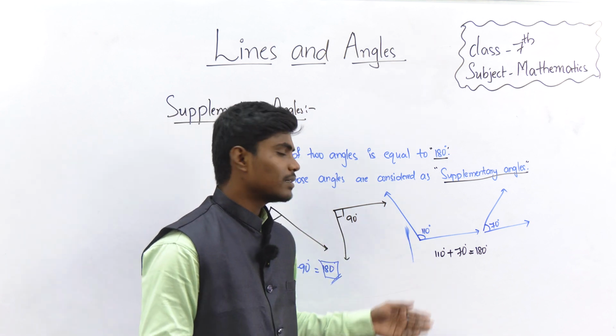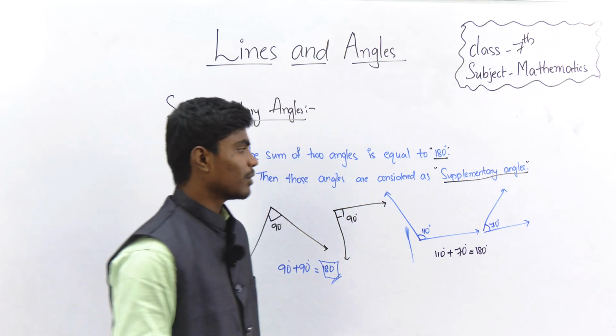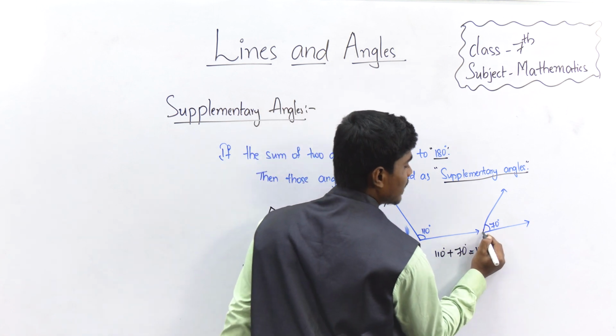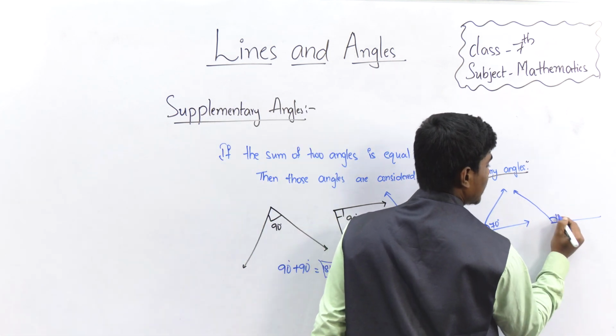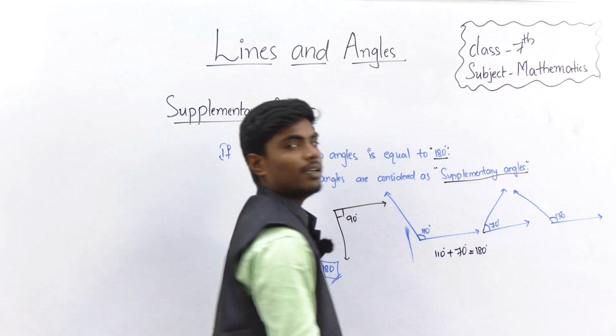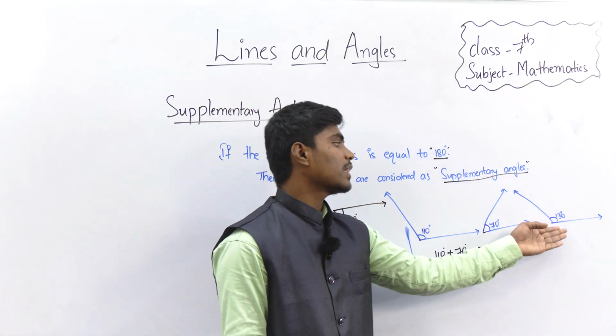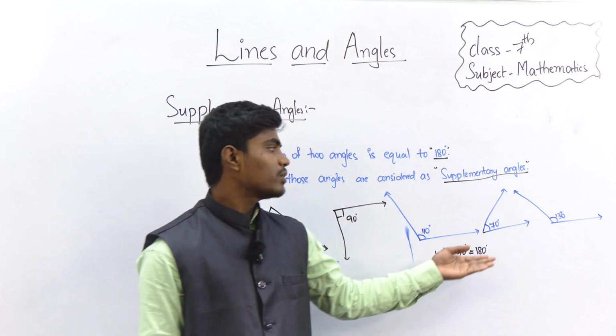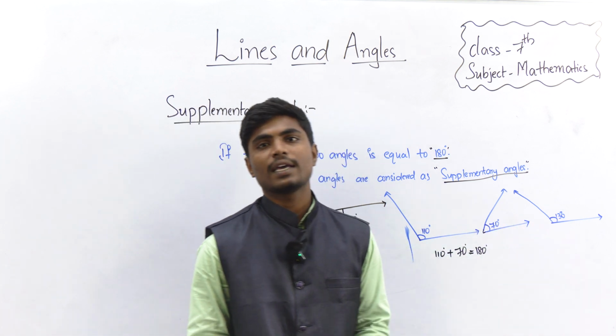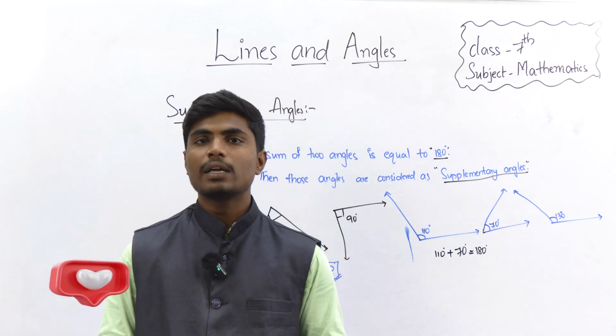Let's take another example. For this same 70 degrees, let's take another angle which is 130 degrees. We have to check whether these two angles are supplementary or not.